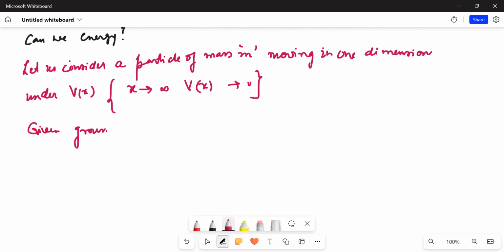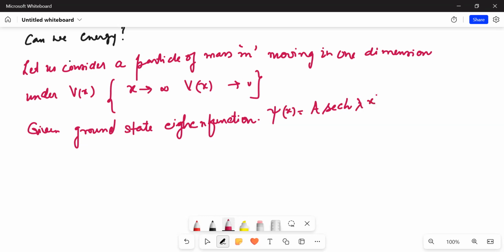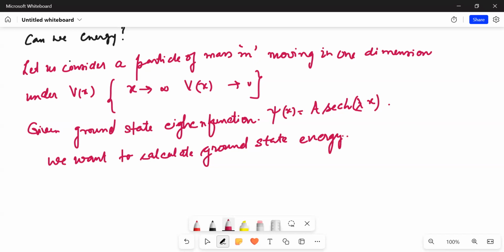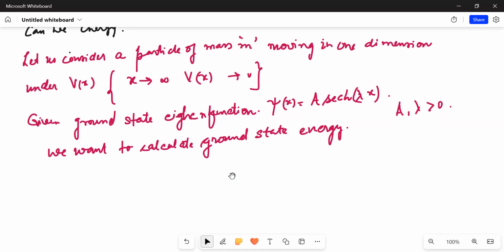Given a ground state eigenfunction ψ(x) equals A times sech(λx), we want to calculate the ground state energy. Here A and λ are positive constants.